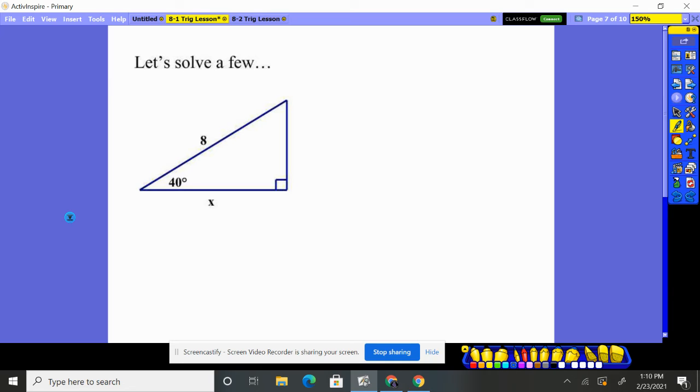Now, let's look at how we're going to solve these. Here's the way I like to approach this. First, item 1, the angle is right here. So we must identify the sides we're dealing with. We have the hypotenuse and we have the adjacent. So I say to myself, some old hippie caught another hippie tripping on acid. Which one of these has the H and the A in it?